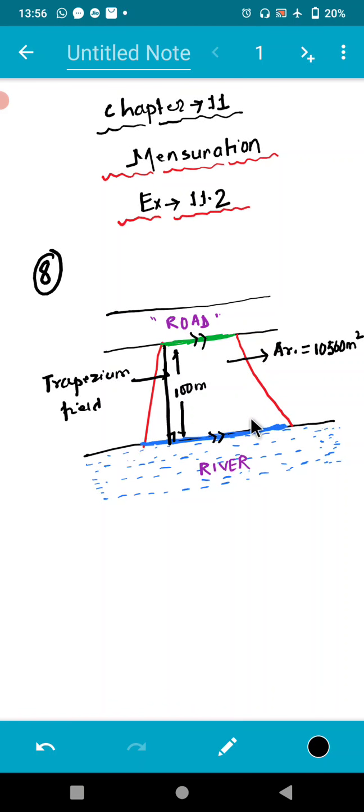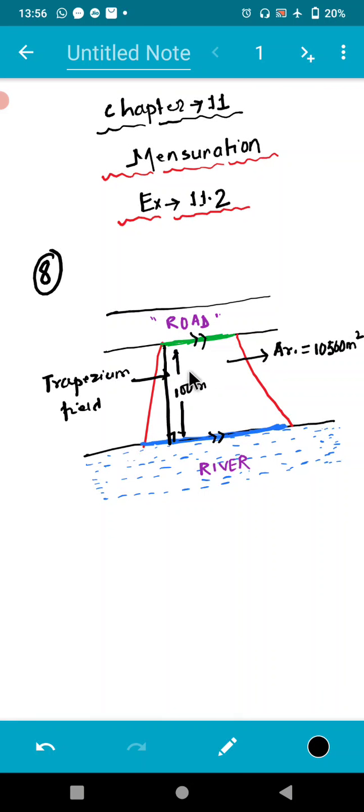But how to get it? For that, we have to concentrate on the first sentence. I am going to read the first sentence of question number 8: Mohan wants to buy this trapezium shaped field. Its side along the river is parallel to twice the side along the road.